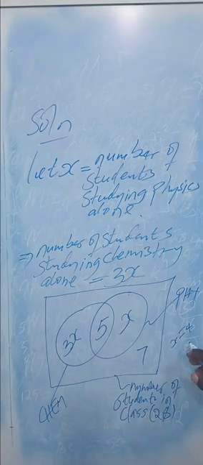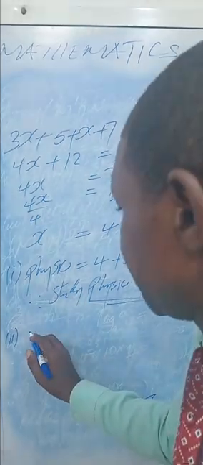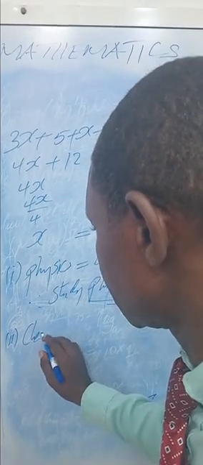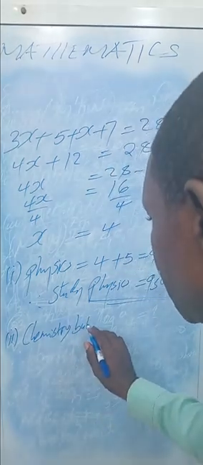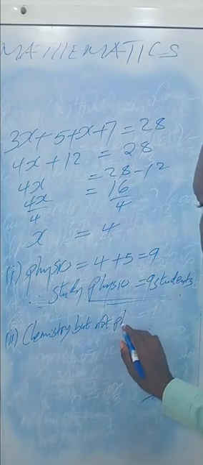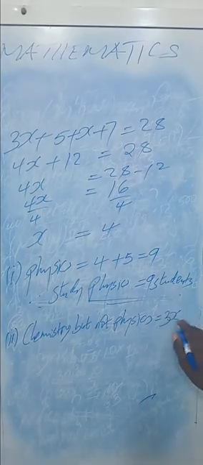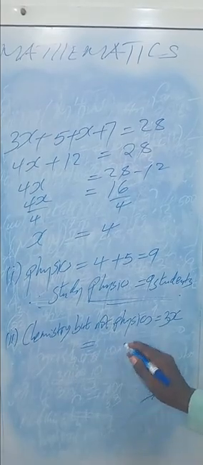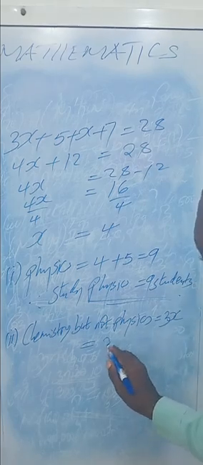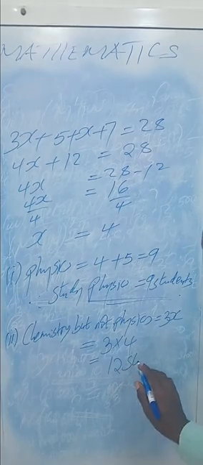So if x equals 4, then 3x will be equal to 3 times 4, which gives us 12 students.